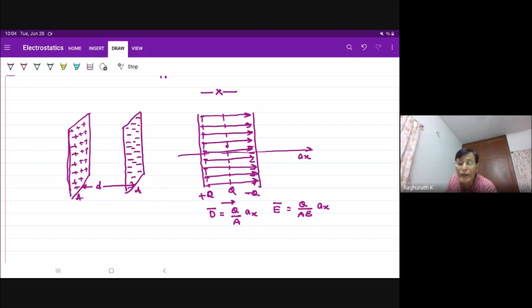Distance is not there in the formula, I can see. Very important point here is that it is independent of the distance between the plates.